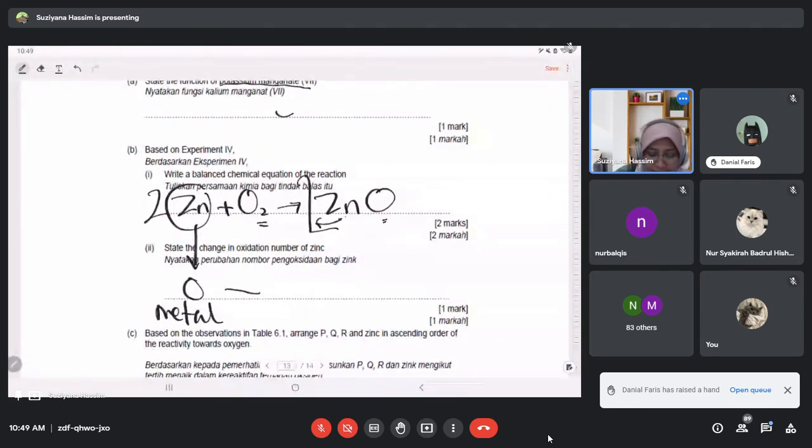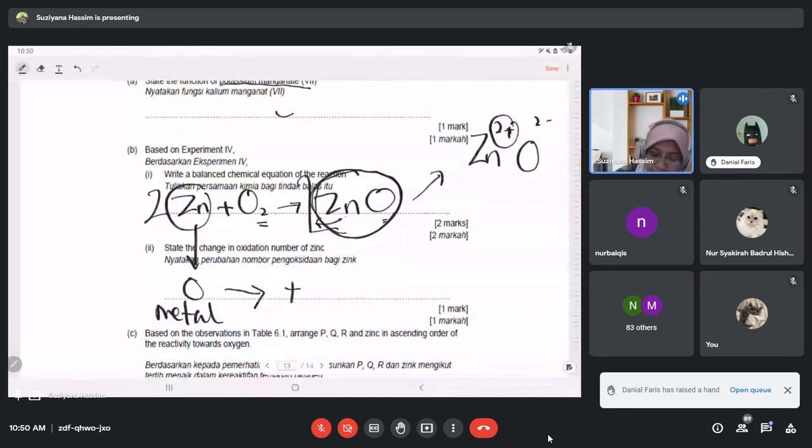And then you become this one. Here is a positive 2. If you write 2 positive, you cannot, because we are talking about oxidation number.